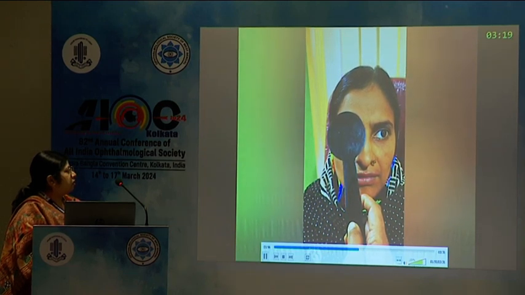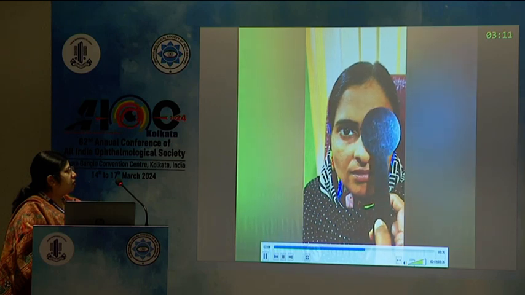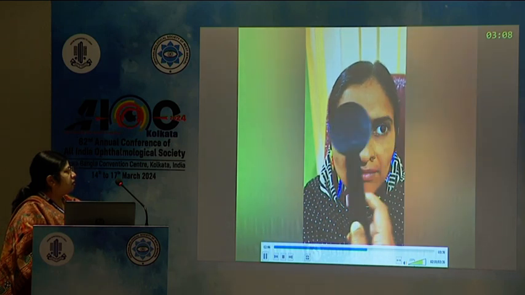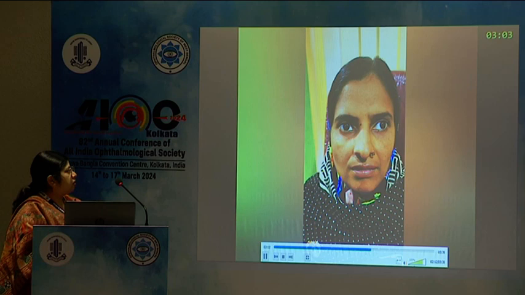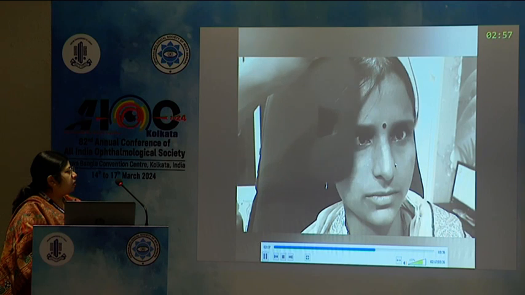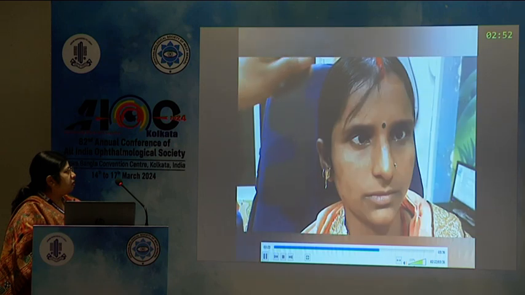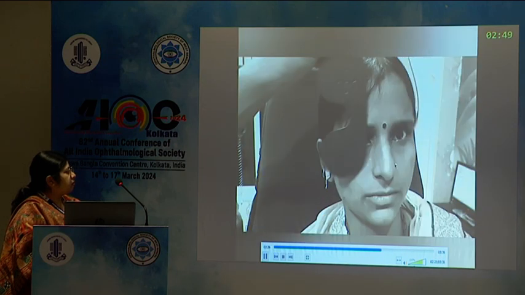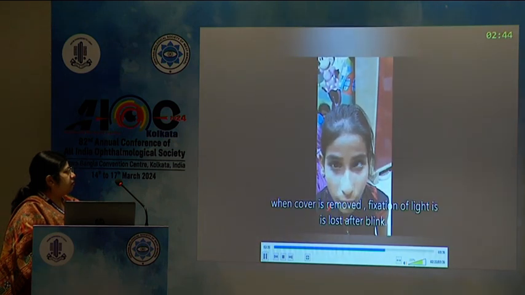Using this technique, we can assess and teach such fine aspects easily. Here we see small angle left esotropia with loss of fixation after some time. Here there is loss of fixation after a blink.